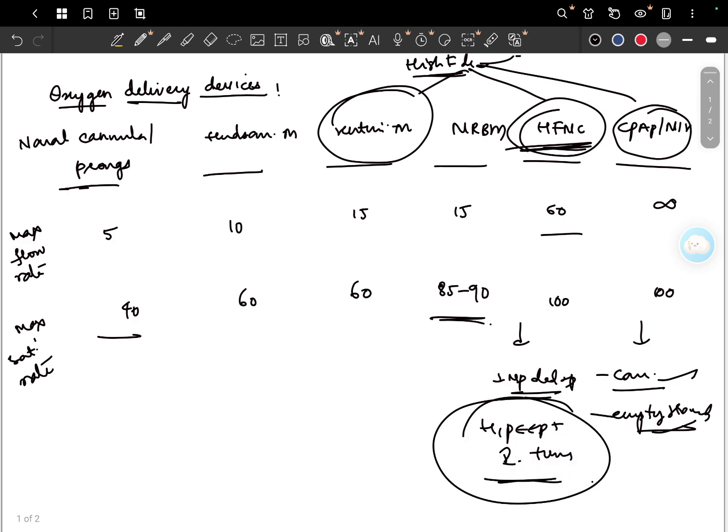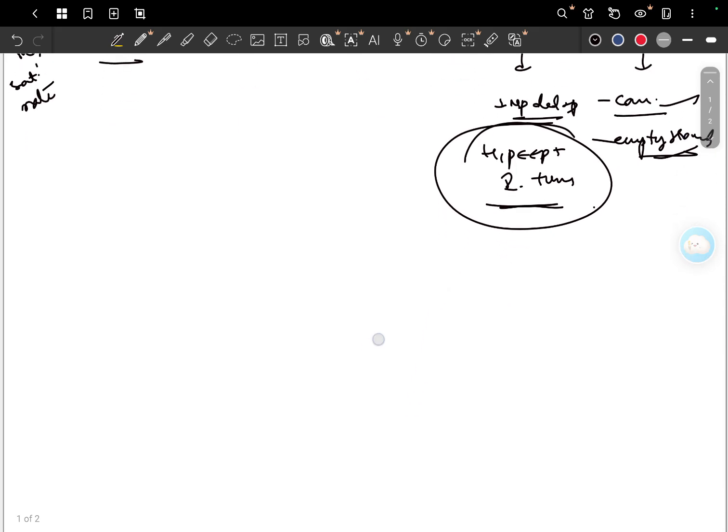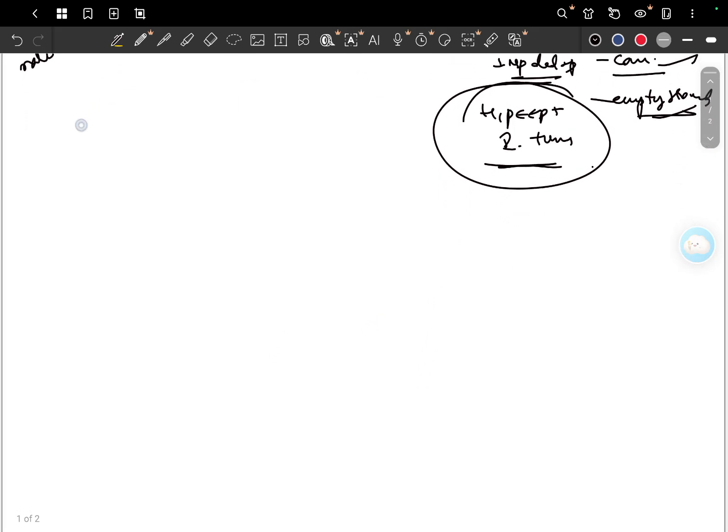And coming to Venturi masks, we have some color coded things here. Beware of your ruled GF.